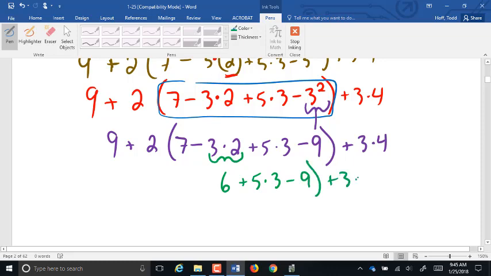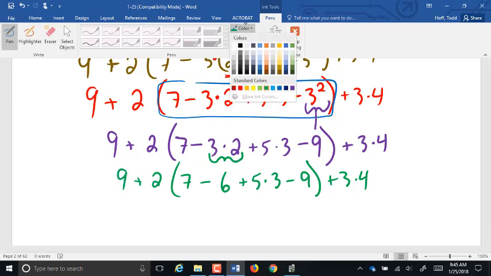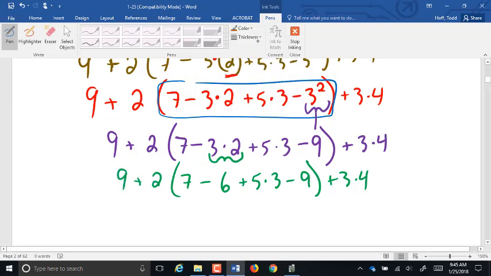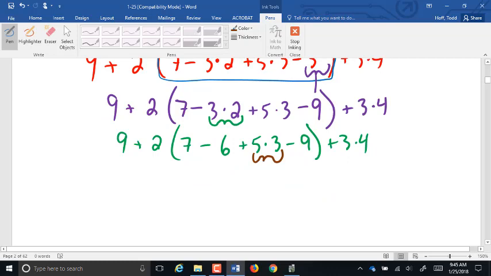Everything else stays exactly the same. Now we still have more multiplications in there. We have 5 times 3, which is 15. Again, we replace the 5 times 3 with 15. Everything else stays the same.